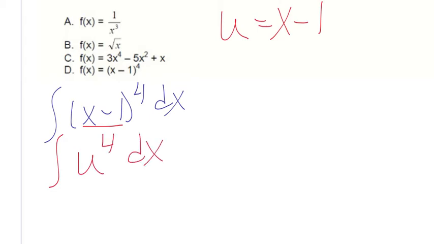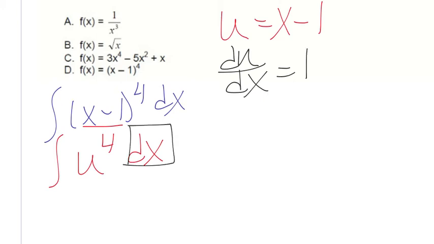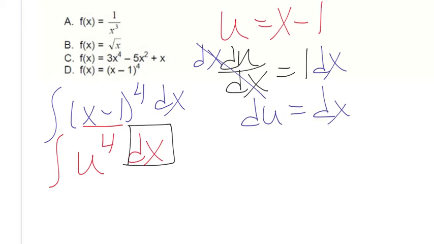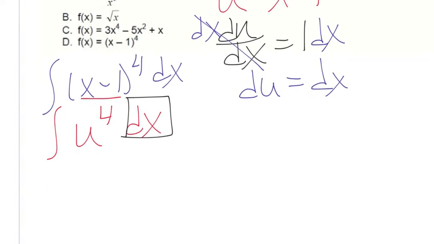But I can't mix u's and x's. So I'm going to go to my u function and take the derivative, and I want to replace this dx. So I'm going to manipulate my du equation around by multiplying dx to the right. And I see that I can replace du with dx because they're equal.